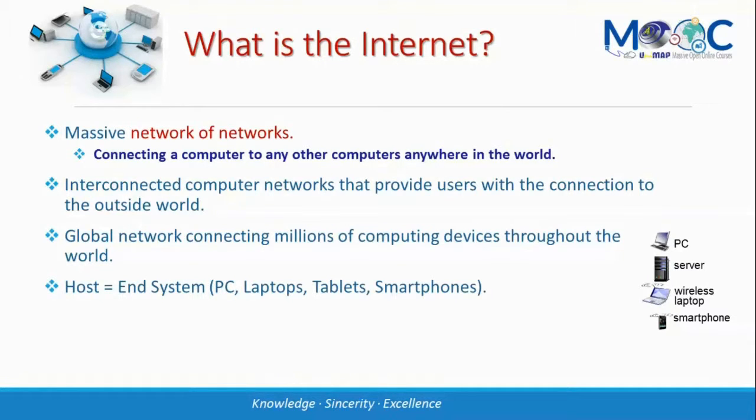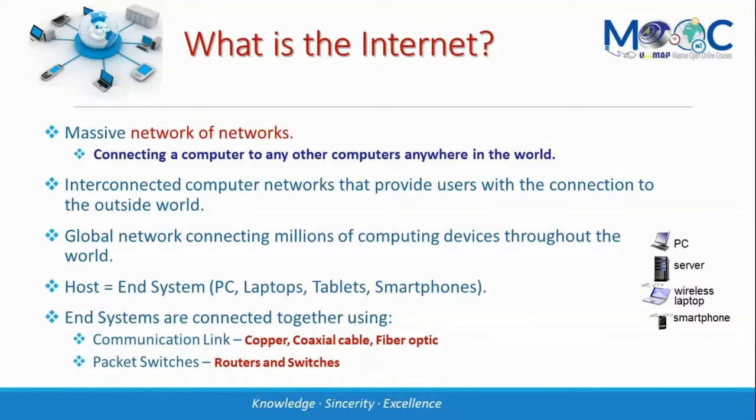Not too long ago, these computing devices were just the traditional desktop PC, Linux workstation, and the servers. Increasingly, however, non-traditional end systems such as laptops, tablets, smartphones, televisions, and sensing devices are being connected to the Internet.